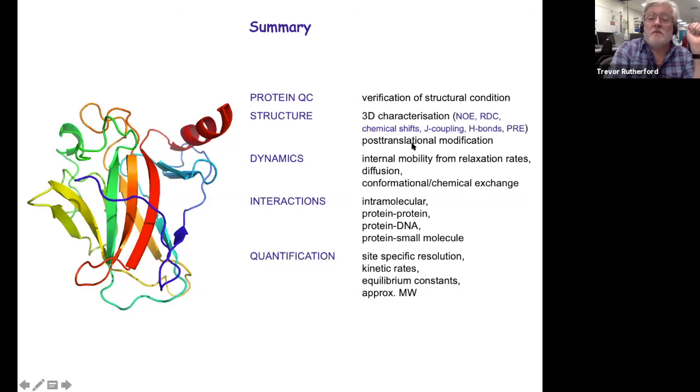Dynamics and looking at the internal mobility from relaxation rates, we can look at diffusion and conformational exchange processes. Biomolecular interactions is a key theme of what biomolecular NMR is about, in all sorts of classes, and we can produce quantitative data for biophysical constants at the end.